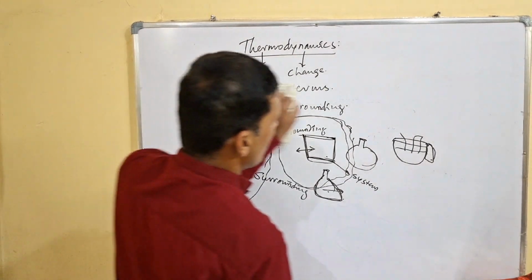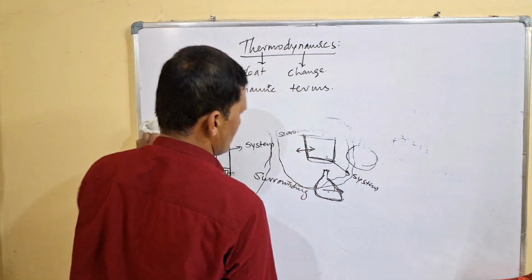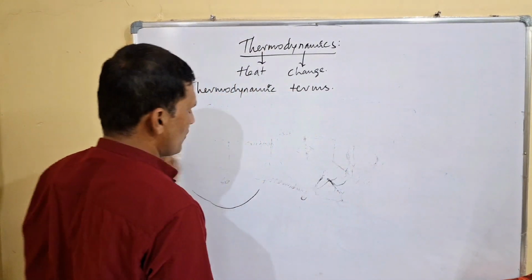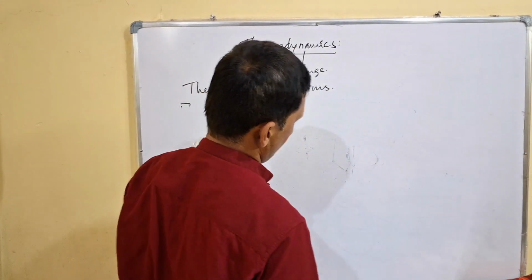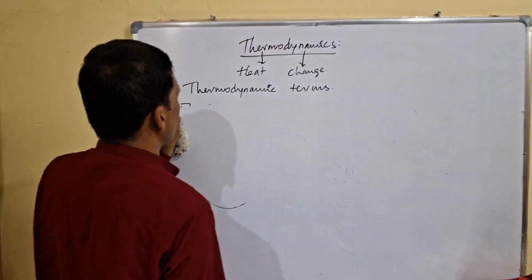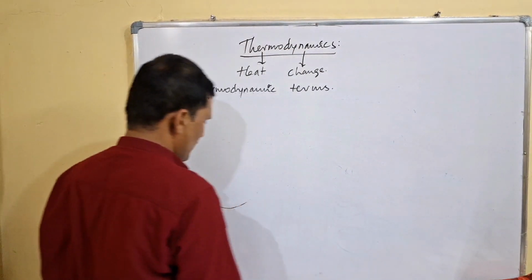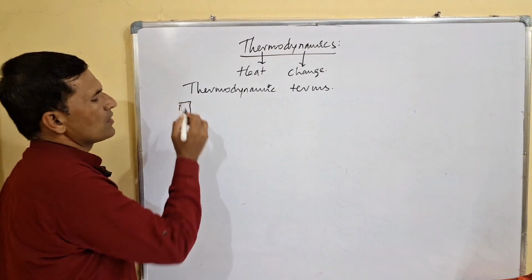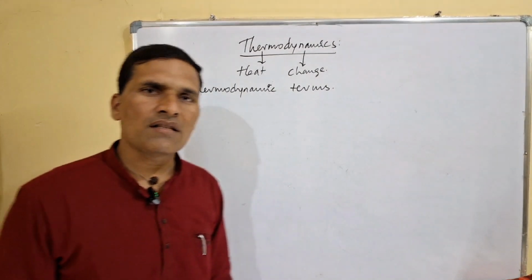Next we will talk about the various types of systems. I think now you are clear with the terms system and surrounding. What is a system? A system is that part of the universe which is under thermodynamic study.